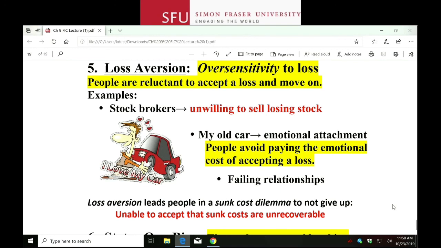Another example of status quo bias is when it's not that you don't want to make a different decision, it's that you don't want to make a decision at all. So what you do instead is you look and see what other people are deciding to do, and then you just do whatever everybody else is doing.